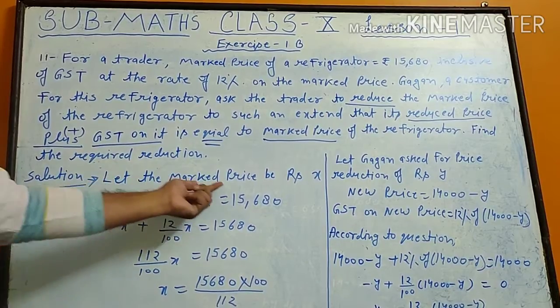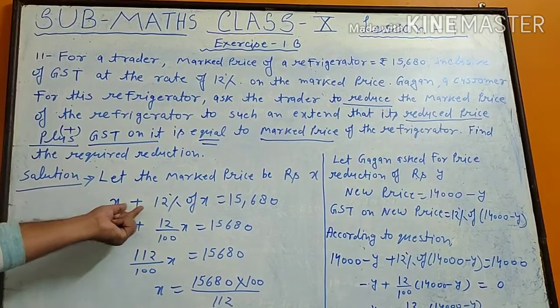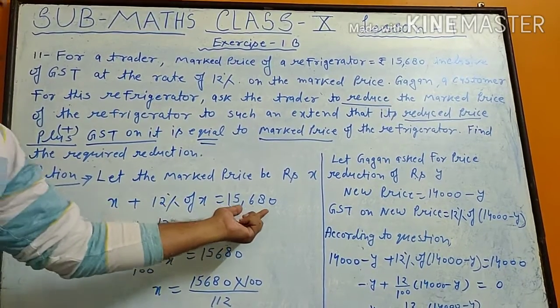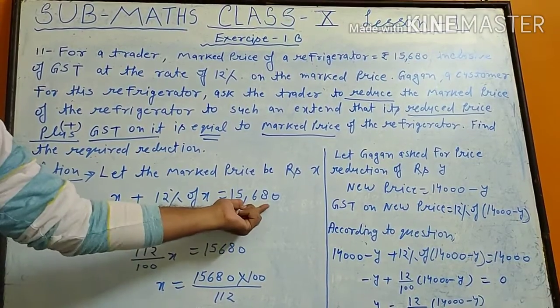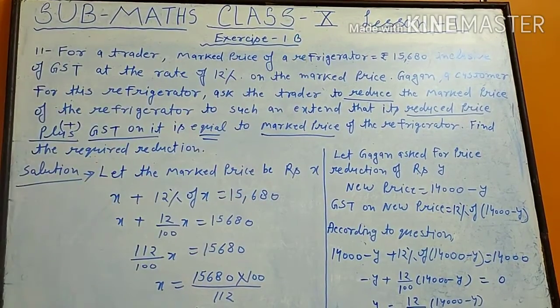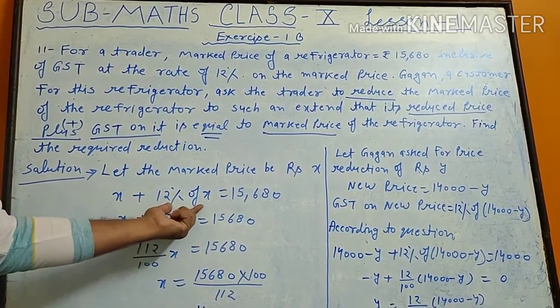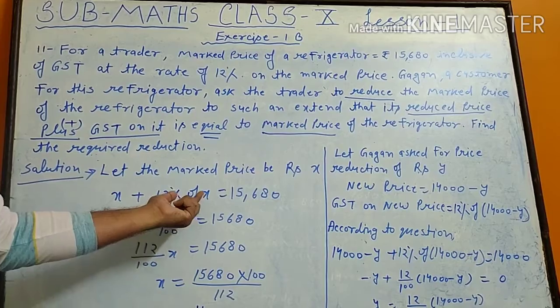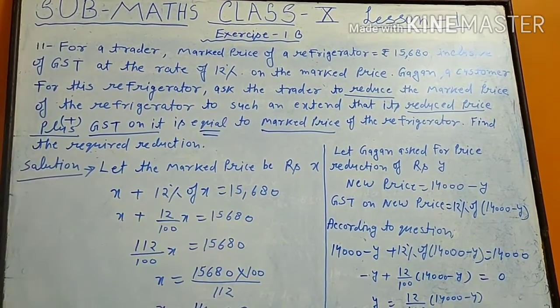So let the mark price be rupees X. Then X plus 12% of X is equal to 15,680, because the mark price is inclusive of GST. So 12% of X is the GST.